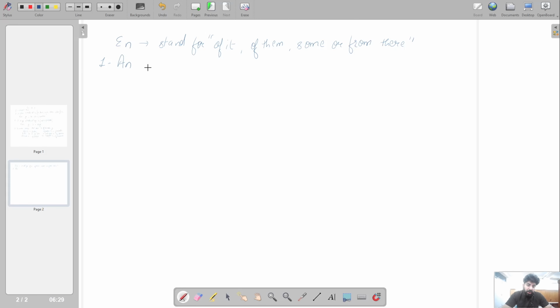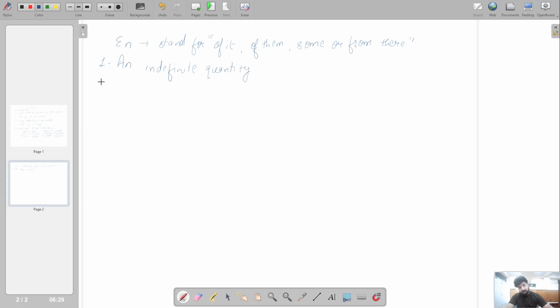So we have an indefinite quantity. Whenever we have no definition of how much it is, we generally depend on en.